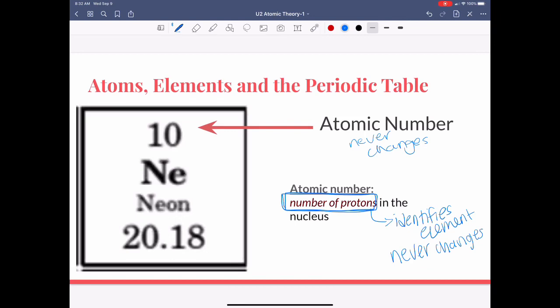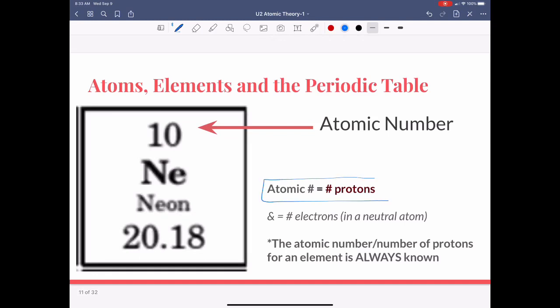That number of protons is specific to that atom. Again, think of it like your social security number. If I change your number, you now are a different person. So, number of protons. If I change the number of protons, you now have a different atomic number, and therefore, it's a different atom.